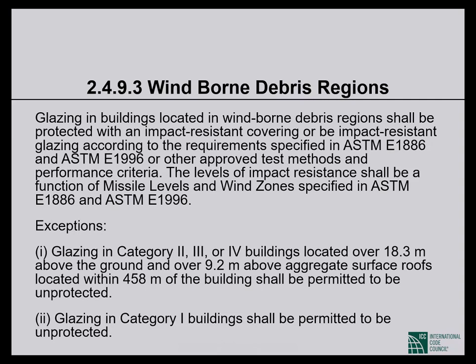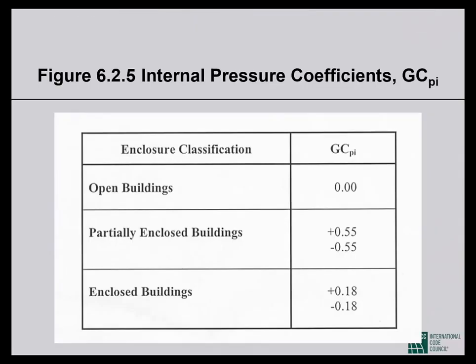So it is 60 feet above ground or 30 feet above the aggregate surface roof located within about half a kilometer of the building, shall be permitted to be unprotected. Okay, above a certain height, beyond 60 feet, you can have unprotected glazing. And category 1 buildings, the unimportant buildings, you don't have to have protective glazing.